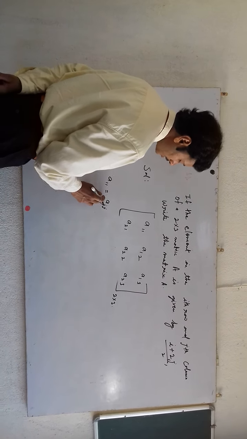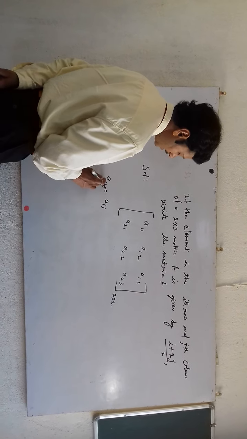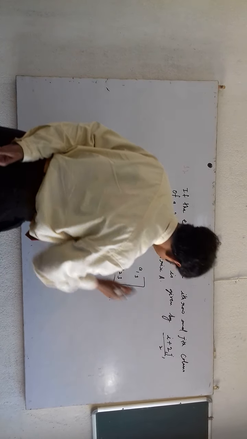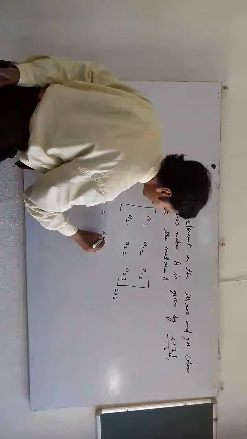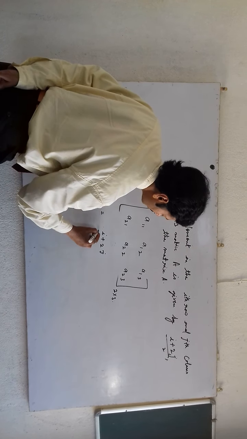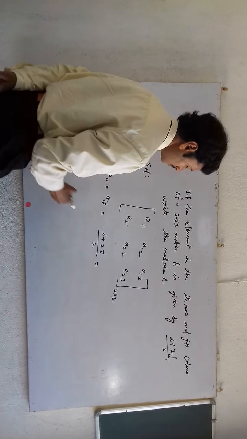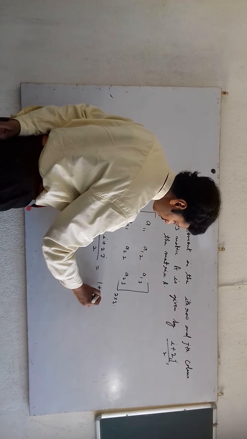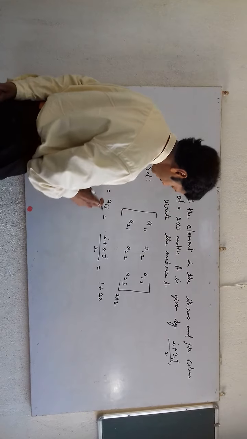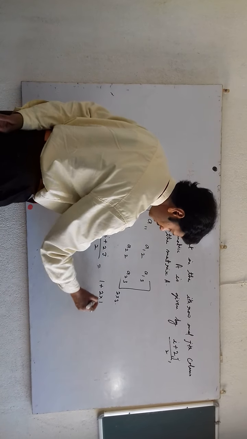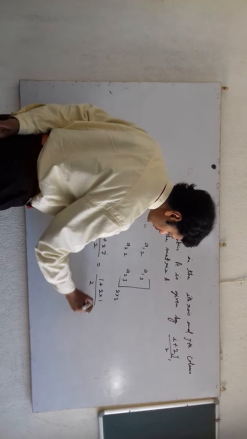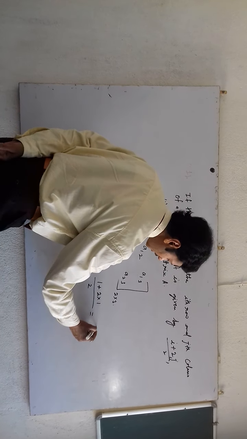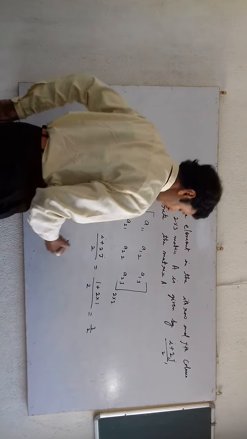So the numbers can be represented here. a11 according to the given function is (i plus 2j) upon 2. Here i is 1 plus 2 into j, j is also 1, upon 2. The number is 1 plus 2, 3 upon 2.